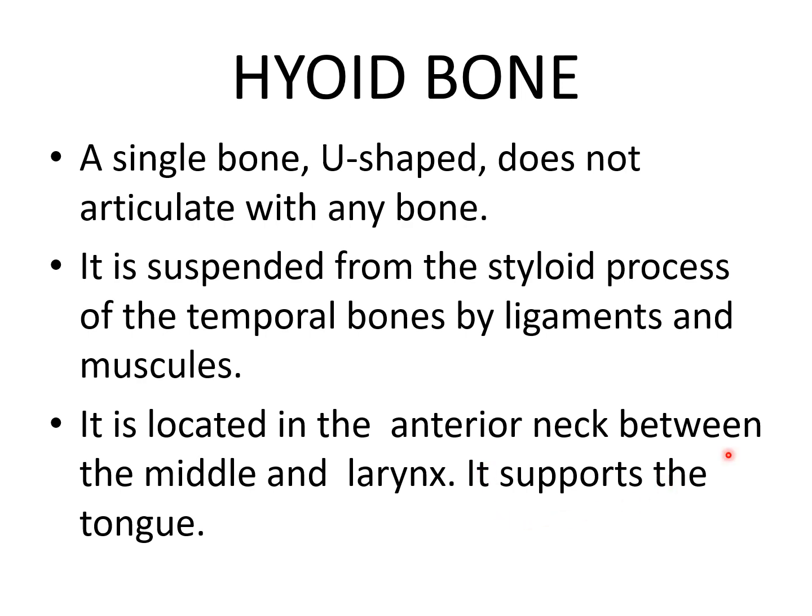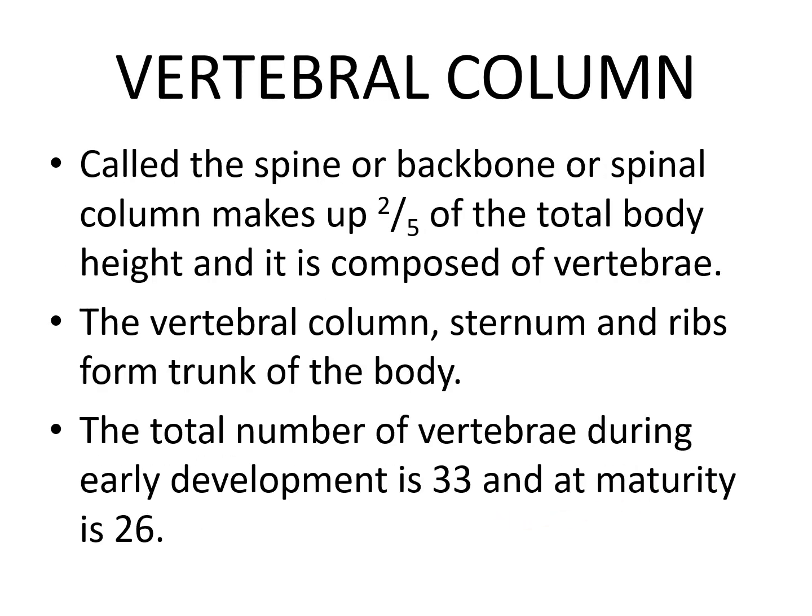It supports the tongue. This brings us to the vertebral column, called the spine or the backbone. It makes up 2/5 of the total body height and is composed of vertebrae. The vertebral column forms part of the trunk of the body along with the sternum and the ribs.